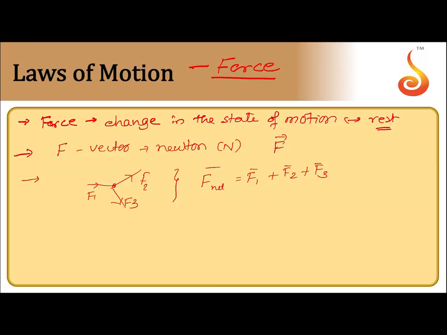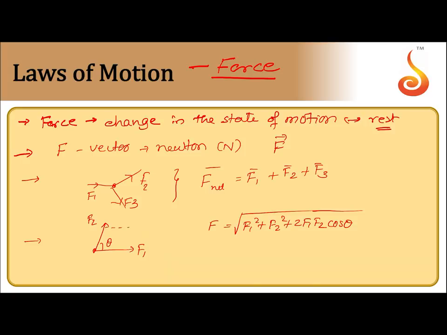Now, if there are two forces F1 and F2 acting at a point on an object, subtending an angle theta between them, then we know how to find out the resultant force. That's right. Law of parallelogram of vectors gives us this, and the resultant force is equal to square root of F1 square plus F2 square plus 2F1F2 cos theta is the magnitude of the resultant.